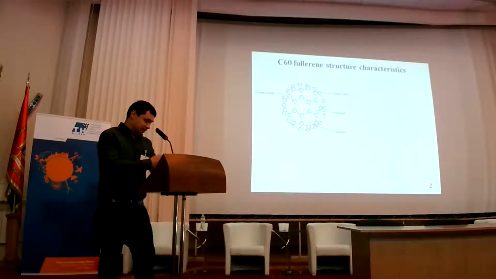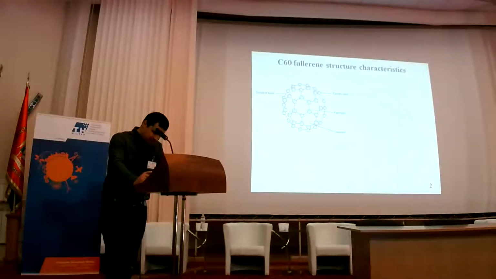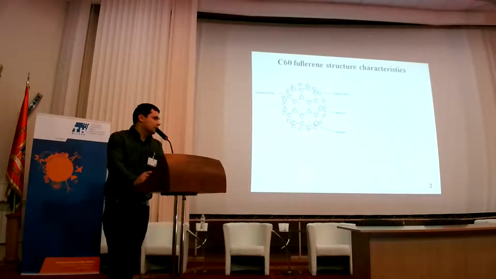fullerene. Here you can see the structure of the molecule, and why we did it: currently there are a lot of investigations in which people try to inhibit coronaviruses with different classes of chemical compounds, but there is no such investigation with any nanomaterials.